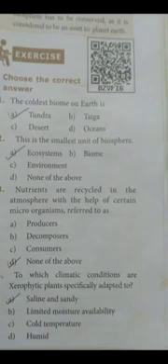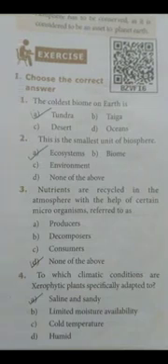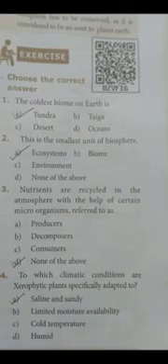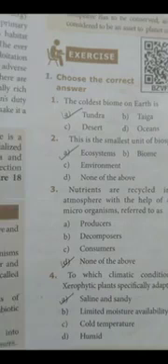Here, none of the above. Option D. Fourth one, to which climatic conditions are xerophytic plants specially adapted? That is also option A, saline and sandy. Okay. Next one, fifth one.